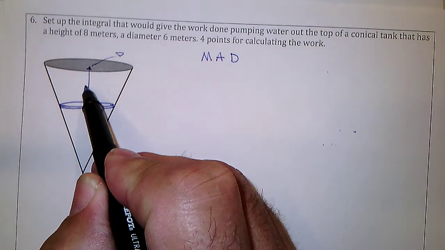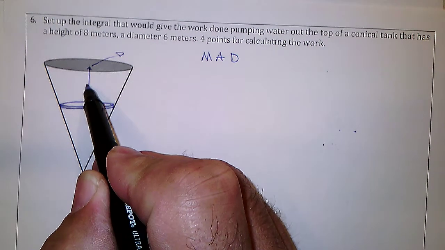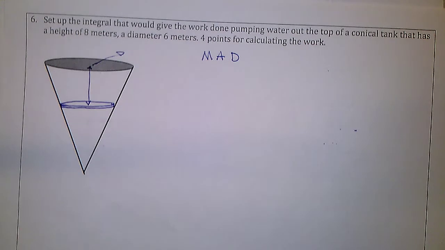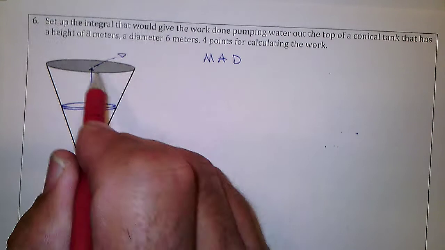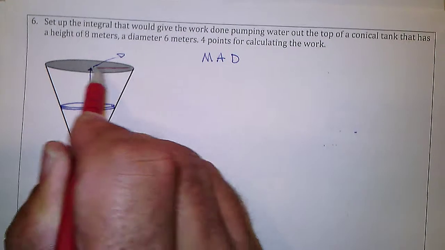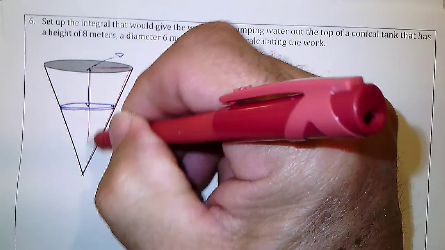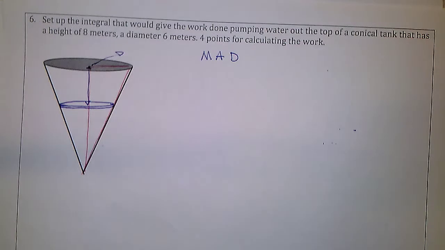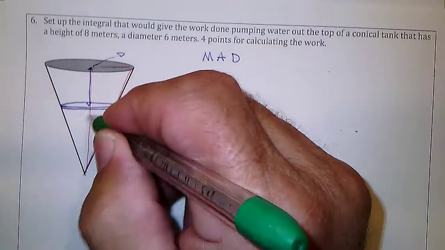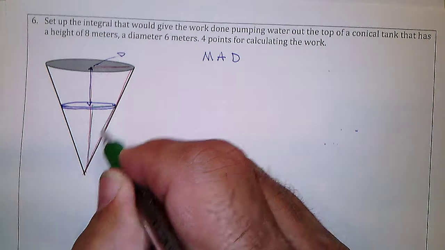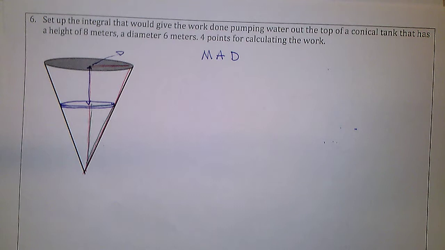So, what is that distance? Well, we could call this Y, but I see that we're going to end up with similar triangles in here. We're going to have this big triangle and this smaller triangle that I'm going to have to use to figure out the relationships here.